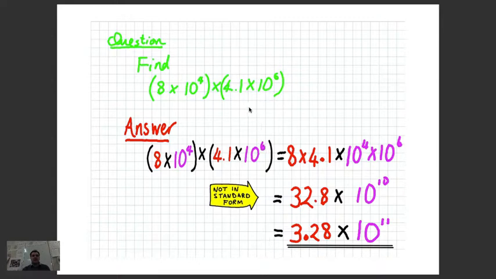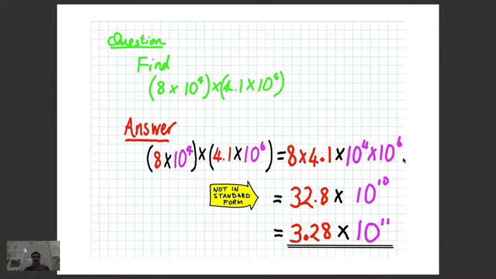So then I gave this question in class, which was 8 times 10 to the power of 4 to be multiplied by 4.1 times 10 to the power of 6. So I wrote that out, and then I changed the order of everything. I wrote all the regular numbers first, which I've put in red this time, 8 times 4.1, and then all the power numbers, which I put in purple this time, second, 10 to the power of 4 times 10 to the power of 6.